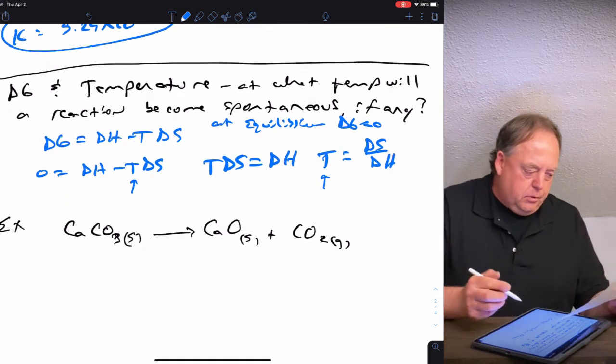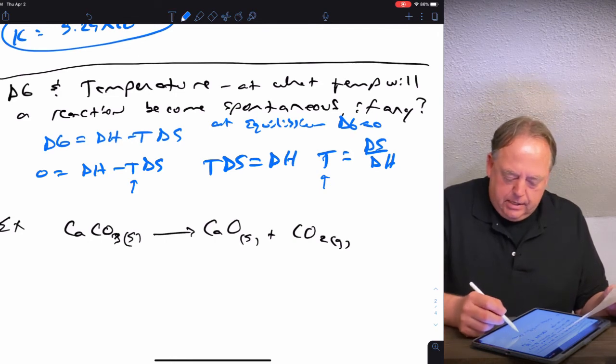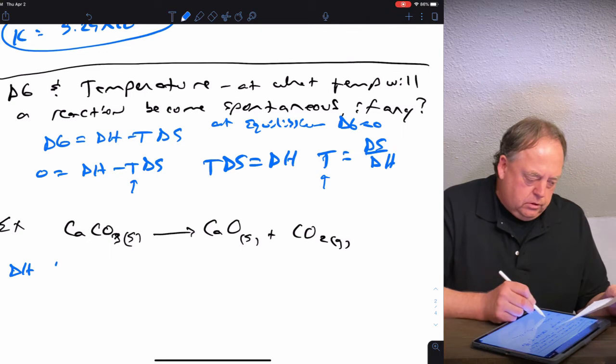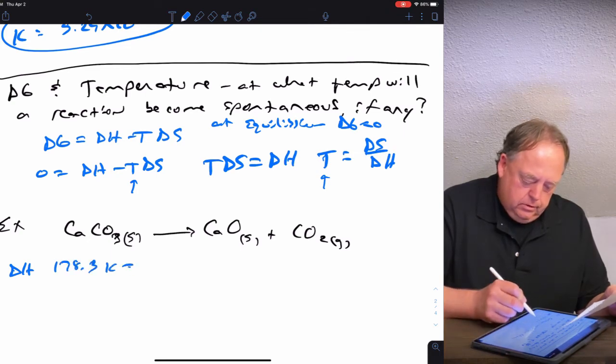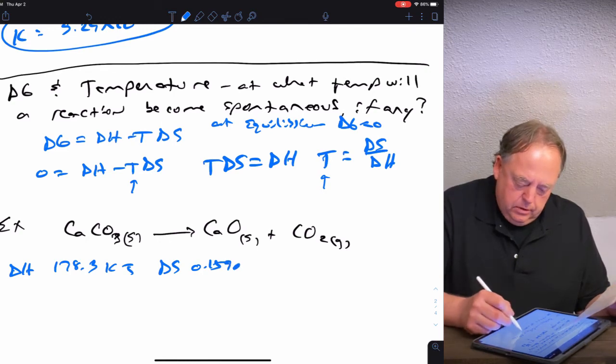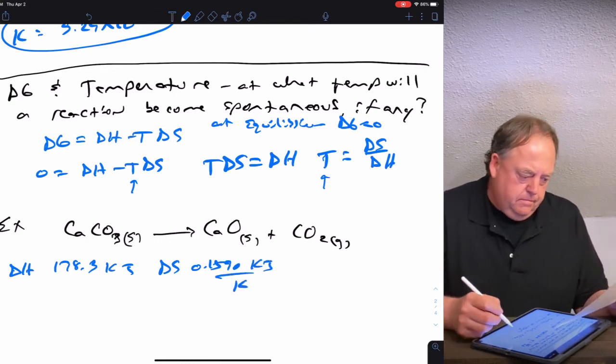So if we take an example, for calcium carbonate to become calcium oxide and CO2, delta H is 178.3 kilojoules, delta S is 0.1590 kilojoules per Kelvin.